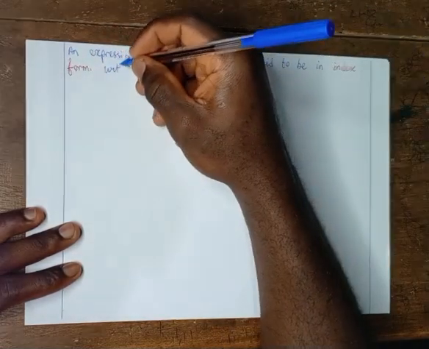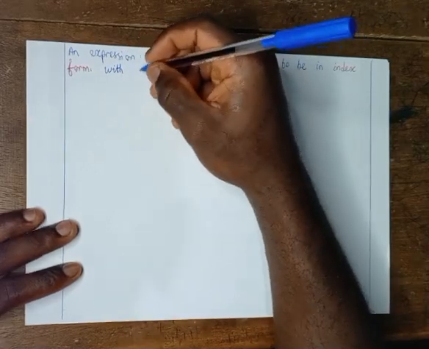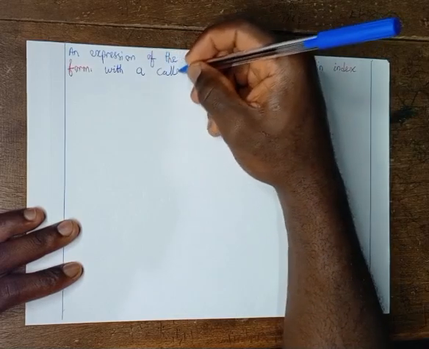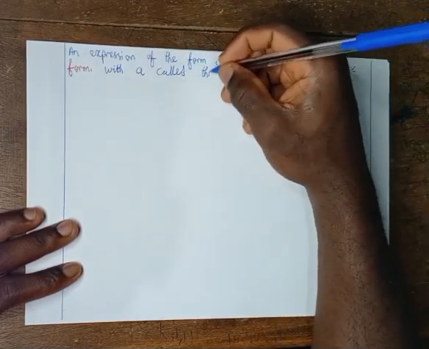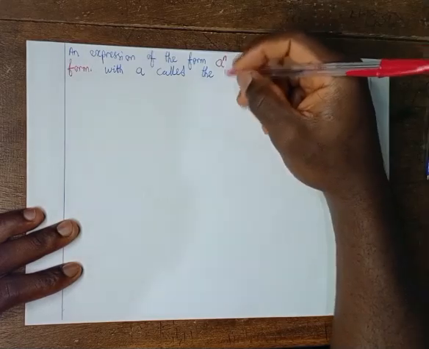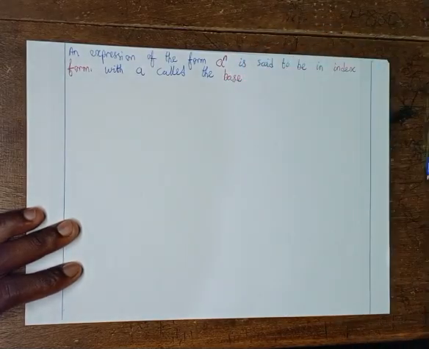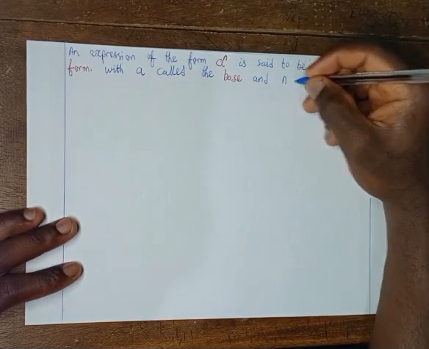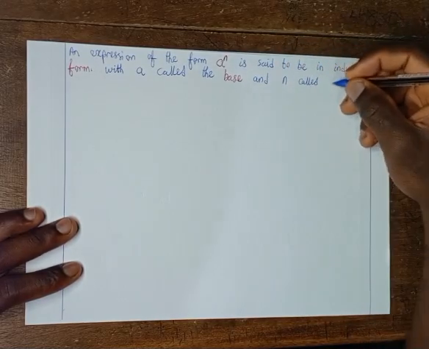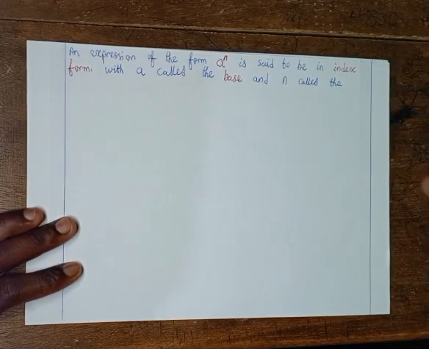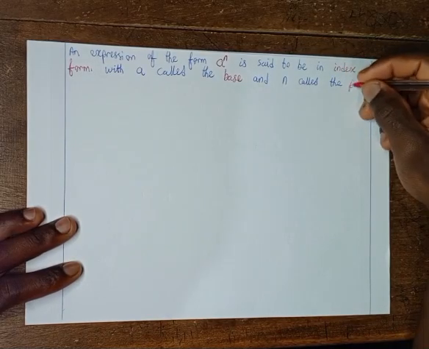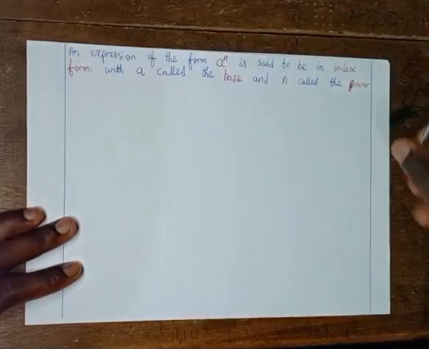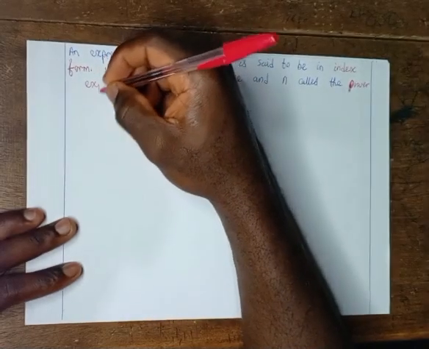Index form, with e called the base, and n called the power, or exponent.